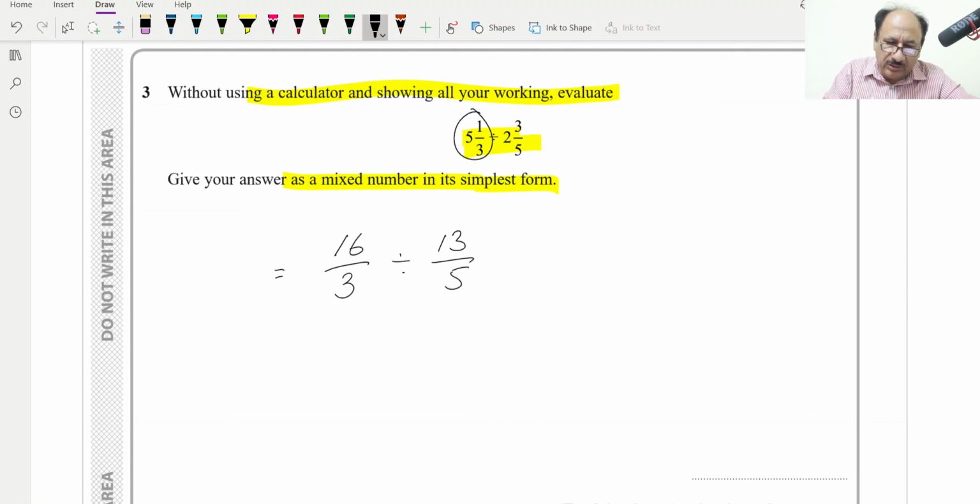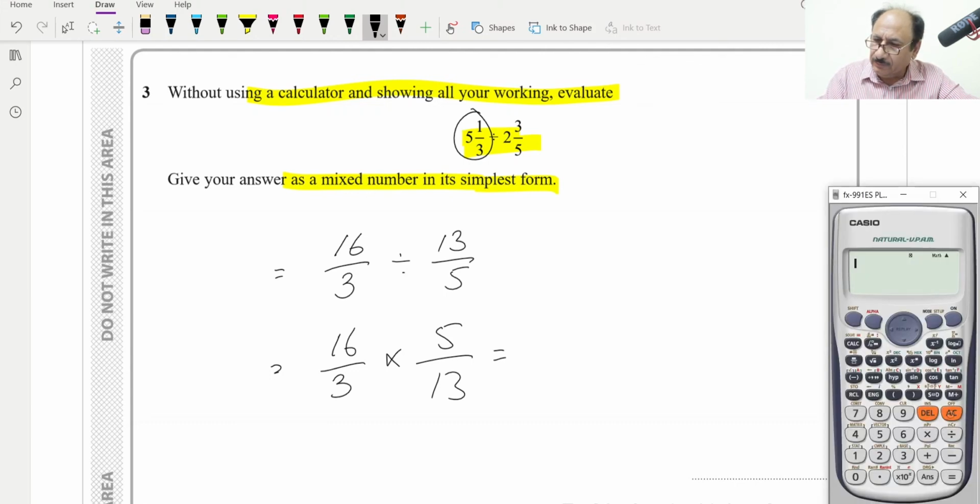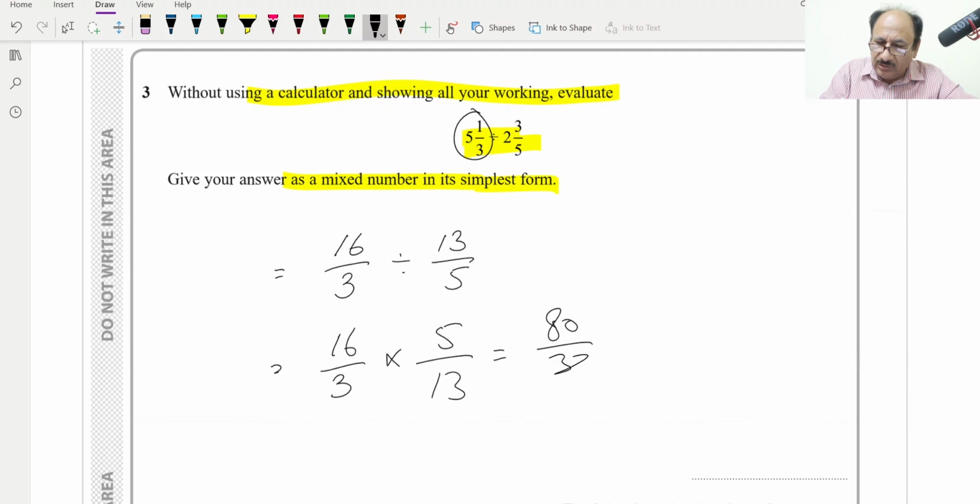And now we can change division into multiplication, so we'll write the reciprocal of this one, and this will be 16 over 3 multiplied by 5 over 13, because there is no simplification possible, so we'll write this one as 80 over 39.